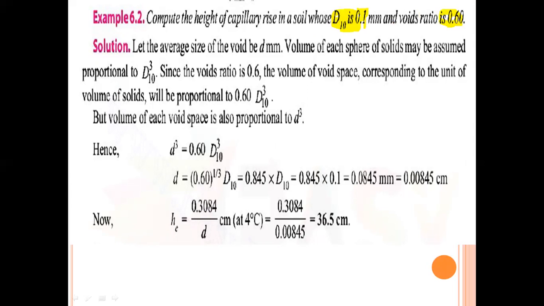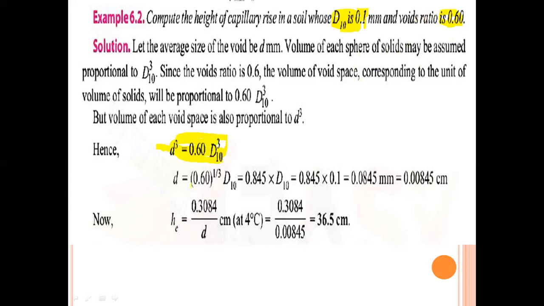Volume of each sphere of solids may be assumed proportional to D10 cube. Since the void ratio is 0.6, the volume of void space corresponding to the unit volume of solids will be proportional to 0.60 D10 cube. But the volume of each void space is also proportional to d cube. Hence d cube equals 0.60 into D10 cube.